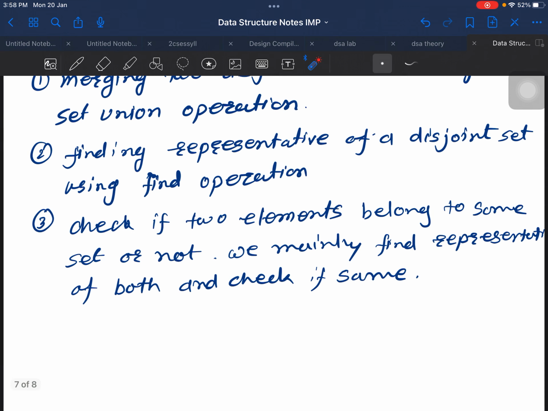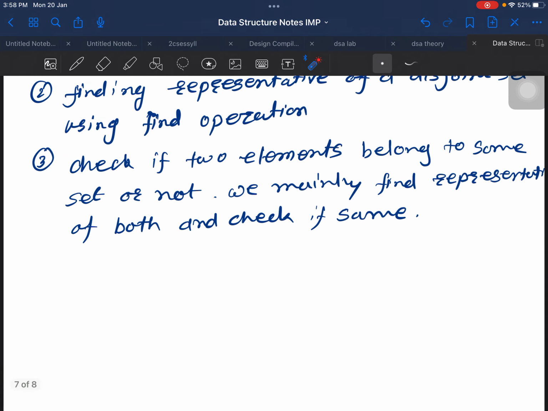So what is this? I will tell you with the help of an example. Finding means, if we want to search for any element, how can we do that? We check if two elements belong to the same set or not. We mainly find the representative of both and check if it is the same.